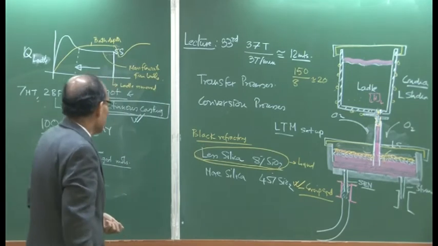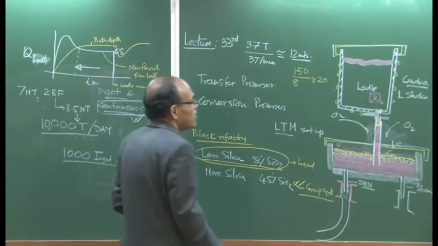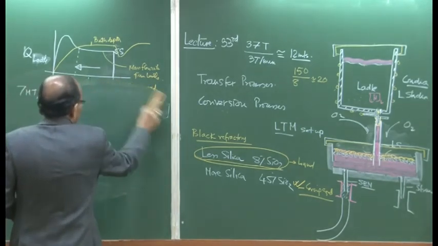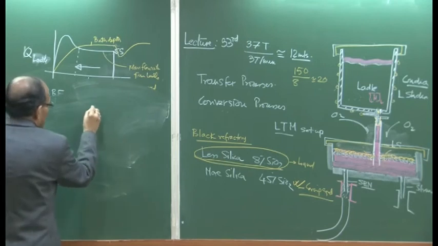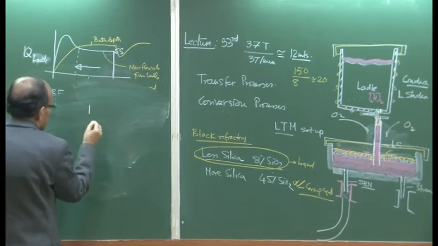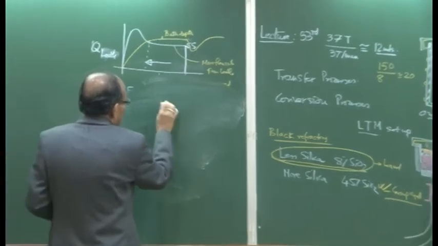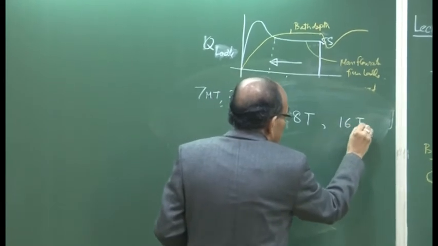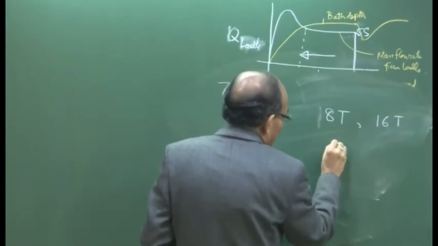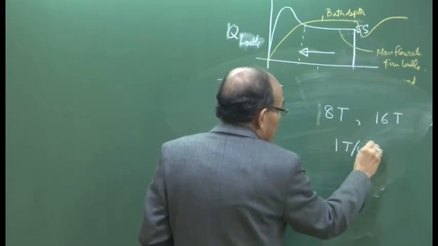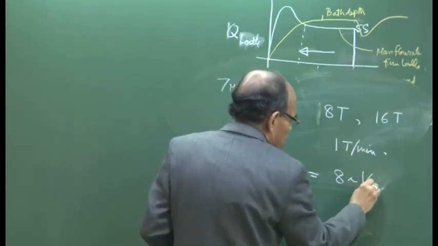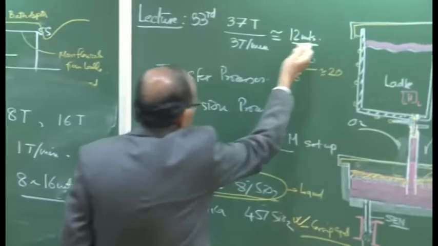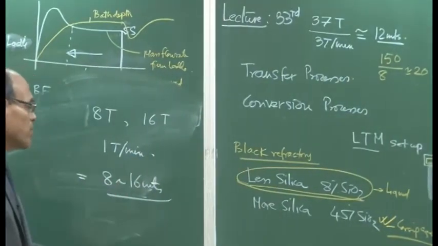A bloom casting tundish, depending on the conditions, can have about 8 tons, or about 16 tons. The maximum casting could be about 1 ton per minute, and if you divide, you get 8 to about 16 minutes. So 12 to about 15 minutes I would say for a slab casting tundish, and 8 to about 16 minutes for bloom.